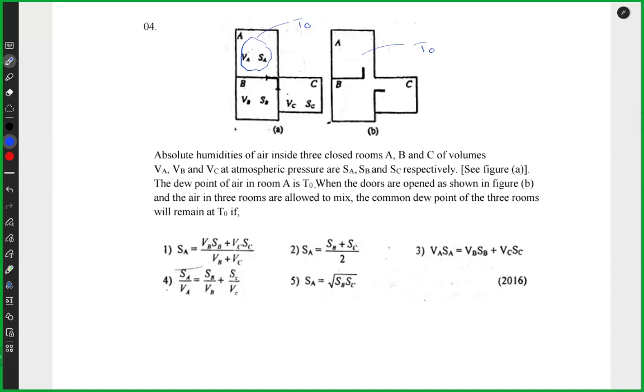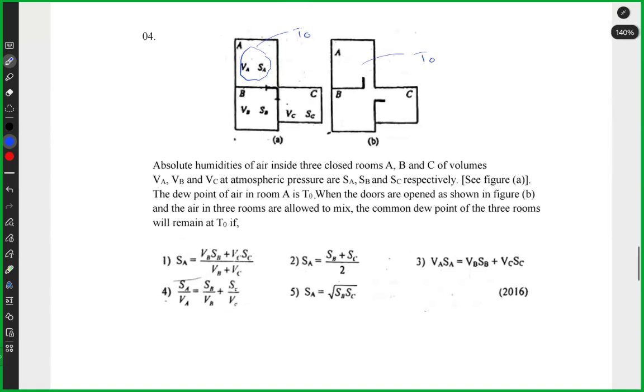The entire open system, when A, B, and C are opened together, becomes an interconnected system. So the environment that I had in A has to be the same per unit volume in B. Which means the water vapor density in room A has to become equal to the water vapor density in the entire system shown in figure B. Is that clear?